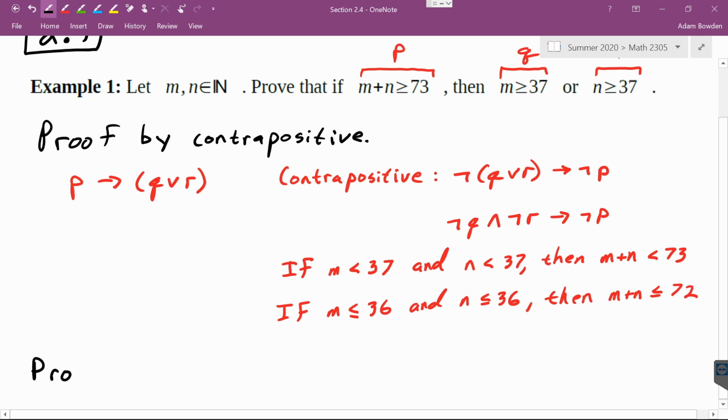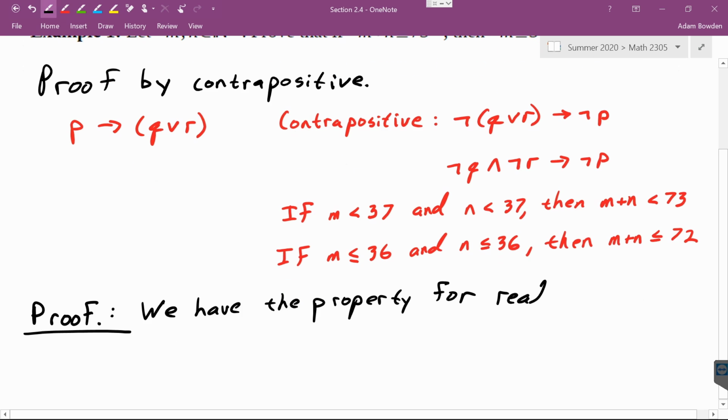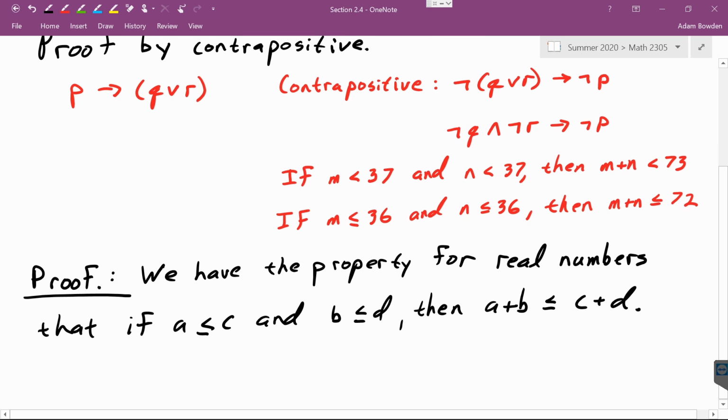So here's how the proof is going to go. We have the property for real numbers that if A is less than or equal to C and B is less than or equal to D, then A plus B is less than or equal to C plus D. And since this applies for all real numbers, it applies for the integers we have as well.